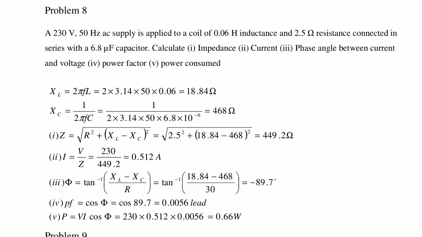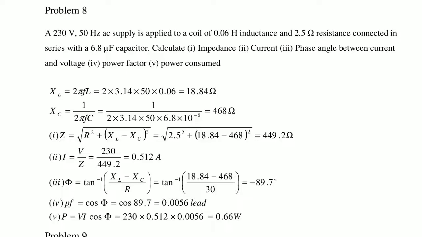Power is consumed only in the resistance, not in the inductor, not in the capacitor. So power consumed P is VI cos phi or I square R formula. So now go for the problem solve.